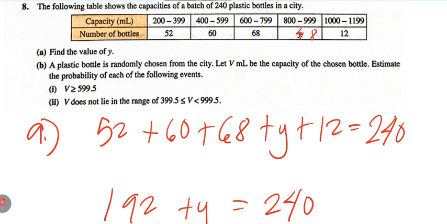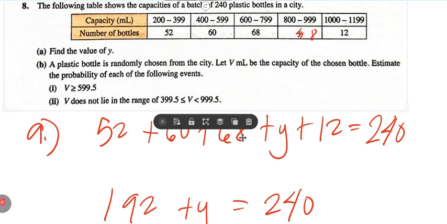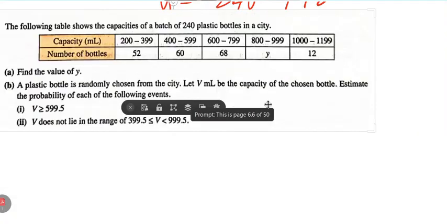To solve for that one, we consider all the bottles of roughly 600 ml or more. Looking at the table, let's copy it out again so as not to be confused.